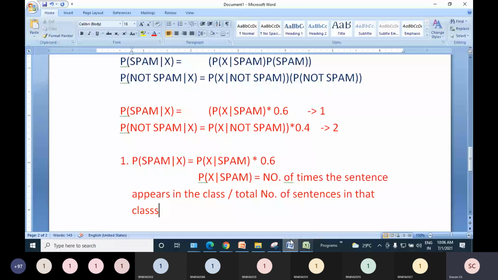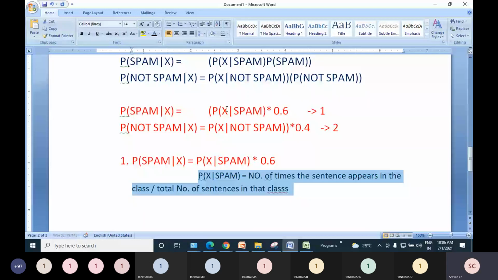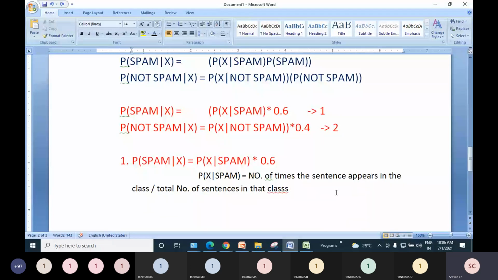They are our classes. So the number of times the sentence appeared in the class, divided by the total number of sentences in that class.